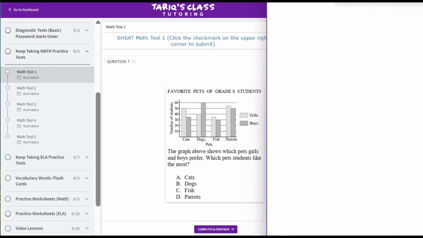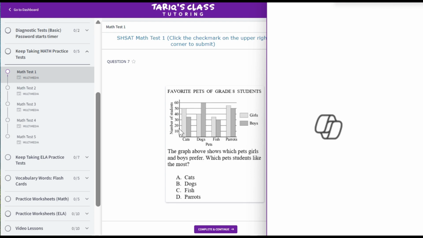Now the graph above shows which pets girls and boys prefer. Which pets do students like the most? Okay, so you can see the graph itself. The cats, I'm going to use the mouse, the cats was about 35. The shaded one is what? Boys.